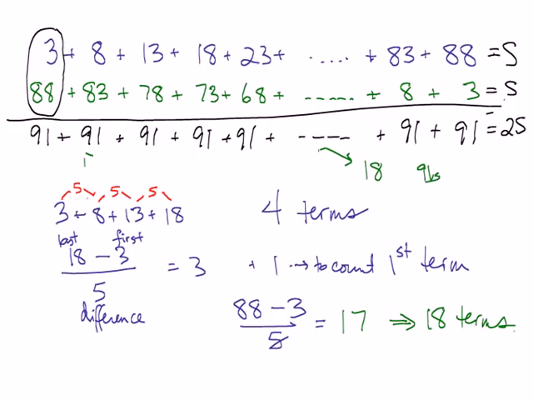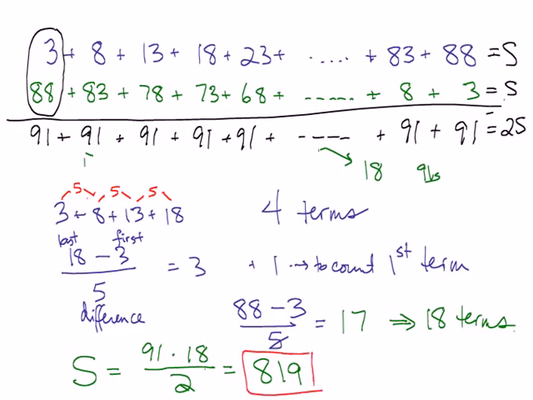Okay, so 2 times the sum we're interested in is 18 times 91. So the sum equals 91 times 18 divided by 2. And the answer for this particular case is 819.